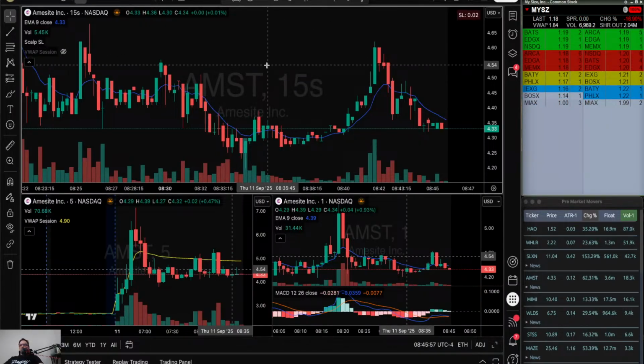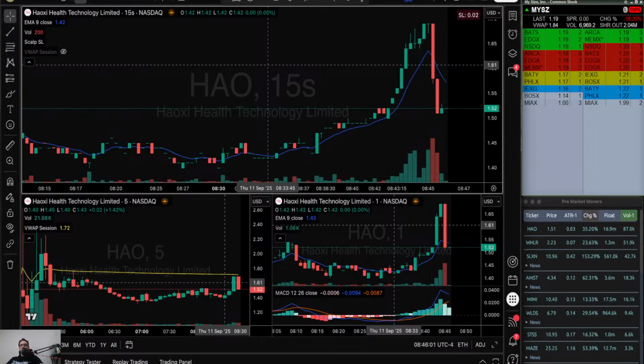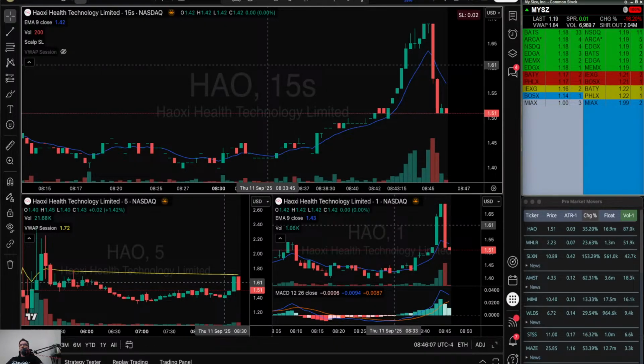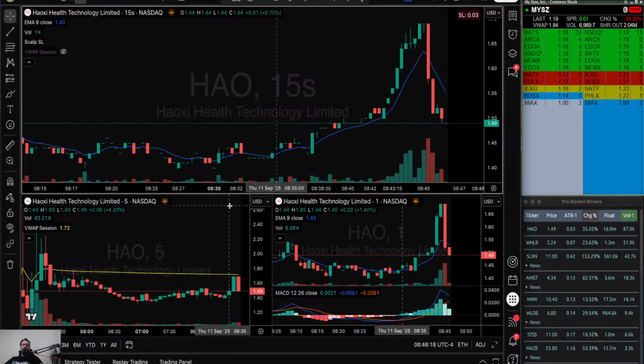HAO popped up on RVol. What's HAO doing? Yeah, you got some volume, but wow, you got smacked down real quick. Within 15 seconds, you got a 10-cent smackdown. Ain't much going on there. I mean, it's bouncing off the VWAP. Look at that.